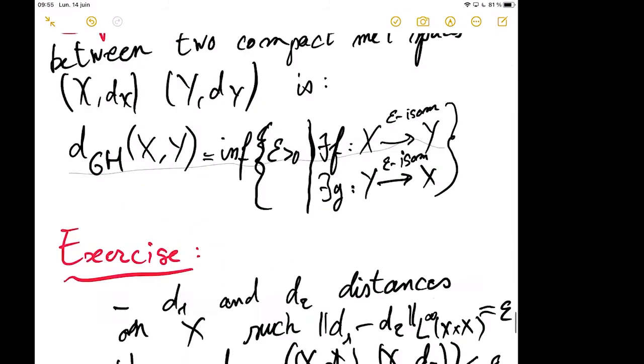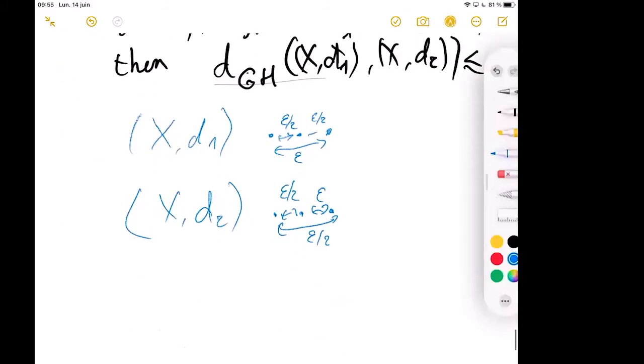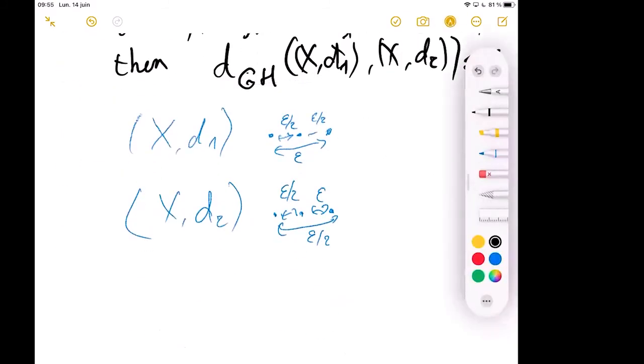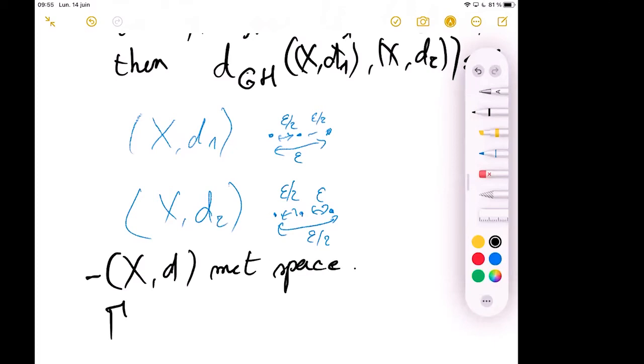Now, maybe, second exercise. Take (X, d) a metric space and Gamma inside X a finite set.